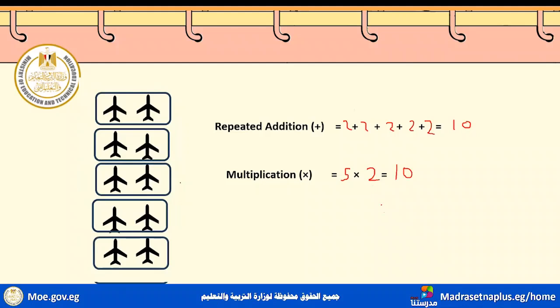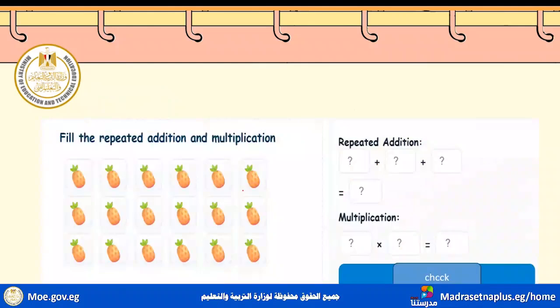It's simple to get the number of elements by using repeated addition or multiplication. Let's get another example. Let's get the total number by using repeated addition or multiplication. In front of you, you can see an array consisting of 3 rows and 6 columns.